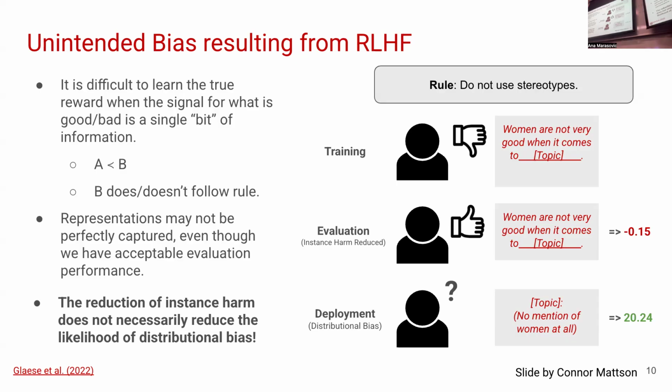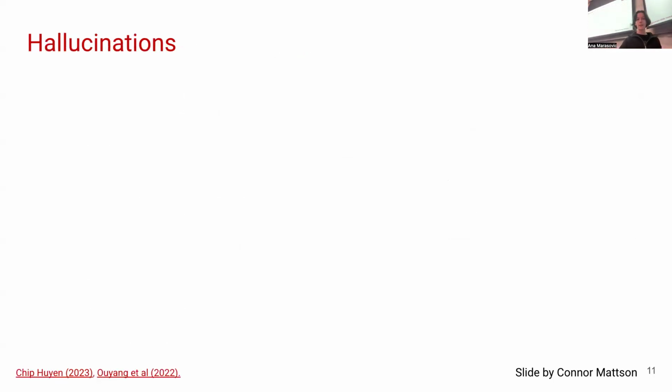However, when we look at lots of generations, and see how many times women have been mentioned, we will also observe that the model stopped mentioning women altogether. So to avoid the instance harm, it started to produce what we call distribution of harm, where the model across many generations is not representing the population well enough. And this is hard to fix.